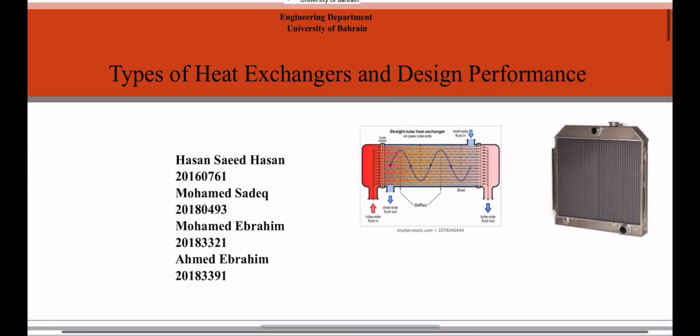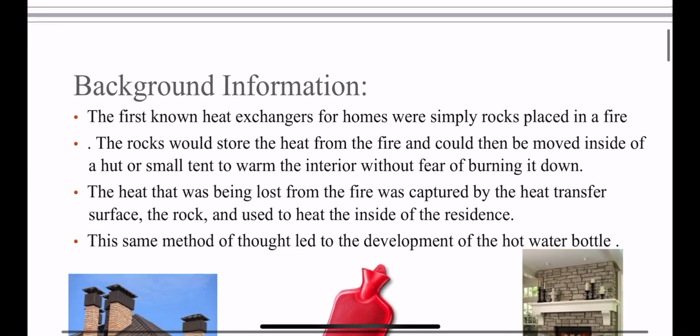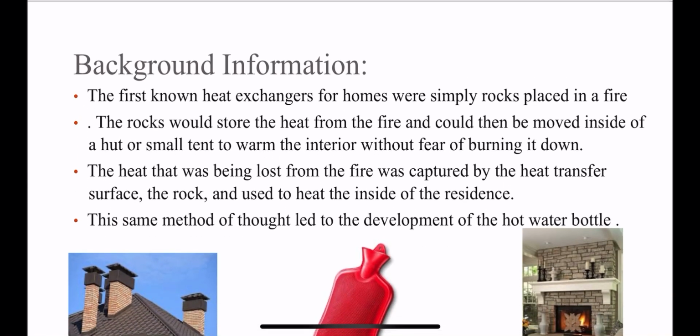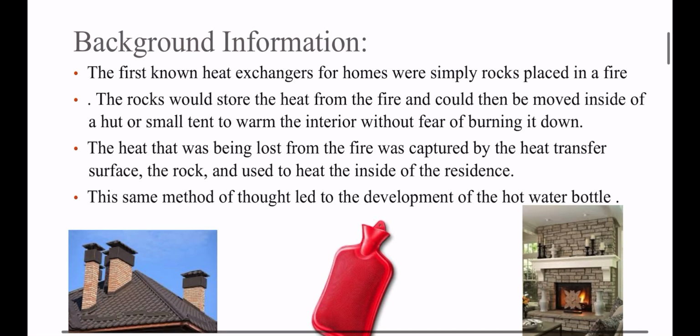Well, all that began with the first known heat exchangers for homes, which were simply a rock placed in a fire. The rock would store the heat from that fire and could then be moved inside of a hut or a small tent to warm the interior without fear of burning it down.